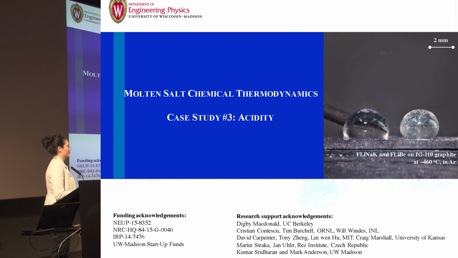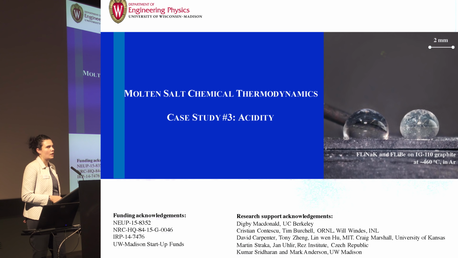You kept showing those really nice pictures of the two bubbles and of the droplets on the graphite layer. What can you tell me using these pictures about the wettability of graphite and the consequences for design or nucleation? Quite a bit. Thank you for the question. So this is FLiBe and this is FLiNaK and this is FLiBe, and in this case they're non-wetting on nuclear graphite.